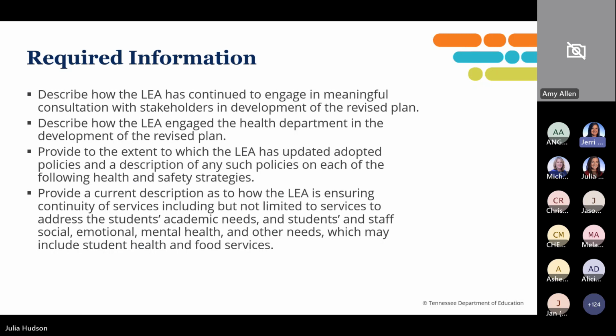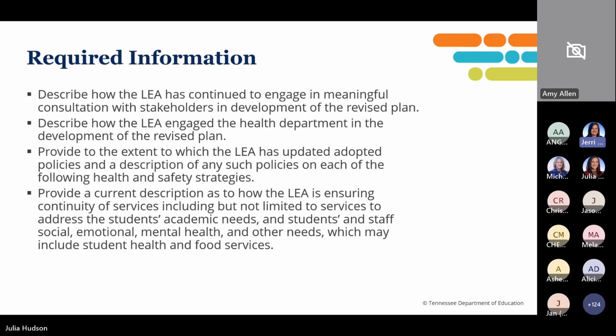You also need to provide the extent to which you have updated any adopted policies, and a description of the policies on each of the following health and safety strategies. And again, when it says policies, it does not necessarily mean official school board policies, but they could just be administrative policies that are in place in your LEA.